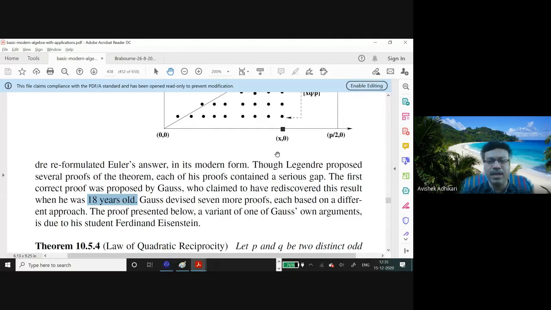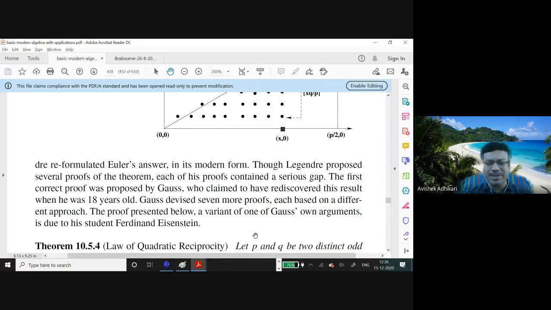And Gauss devised 7 more proofs, each based on a different approach, using different techniques.